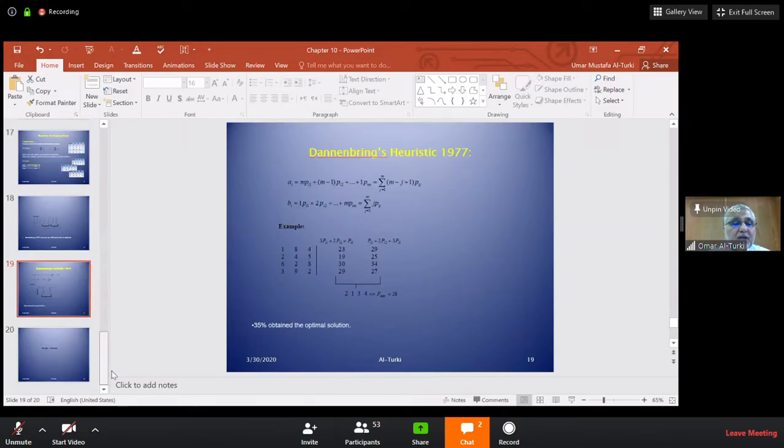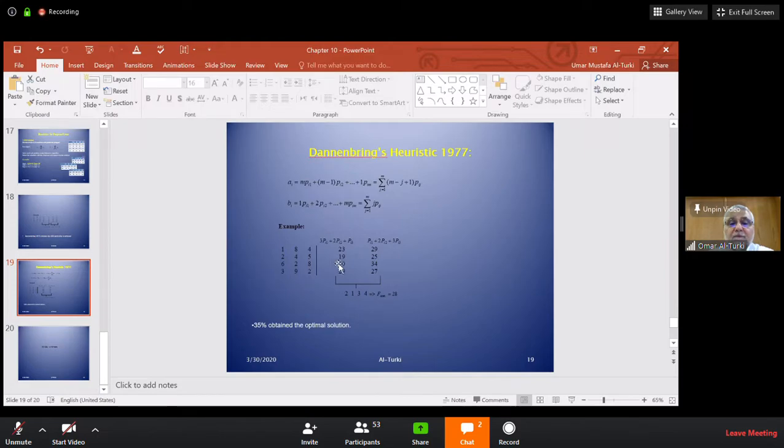Heuristic, I just want to finish the last heuristic because this is the last of this chapter anyway. The last heuristic is what we call the Dannenbring heuristic, from 1977, maybe the latest of them. In this method, we convert the M machine problem into a single 2 machine problem by using multipliers. With 3 machines, the first machine is multiplied by 3, this by 2, this by 1.